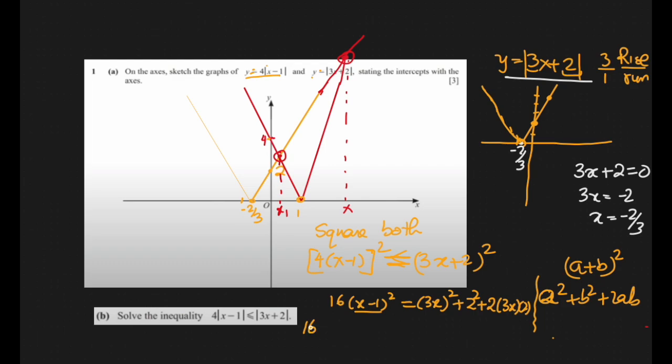So it becomes 16x square plus 1 square, but this time we have minus, so we'll write minus 2ab, 2 times 4x times 1. What does it become? 9x square plus 4 plus, how much is that? 4 times 3, 12x. All right.